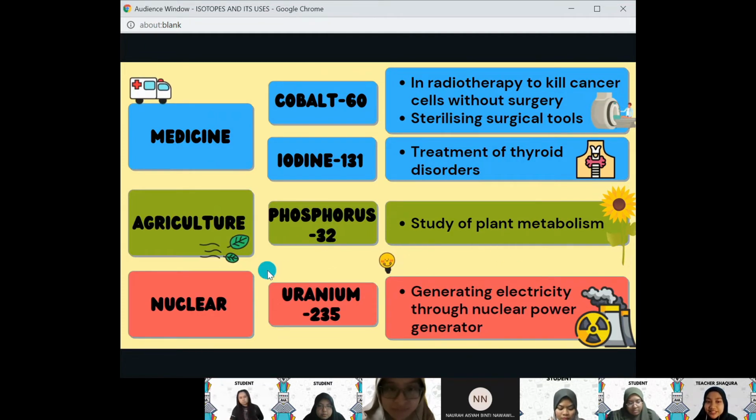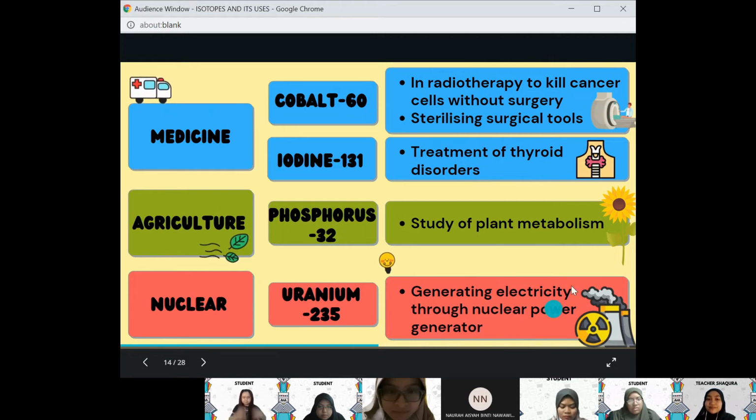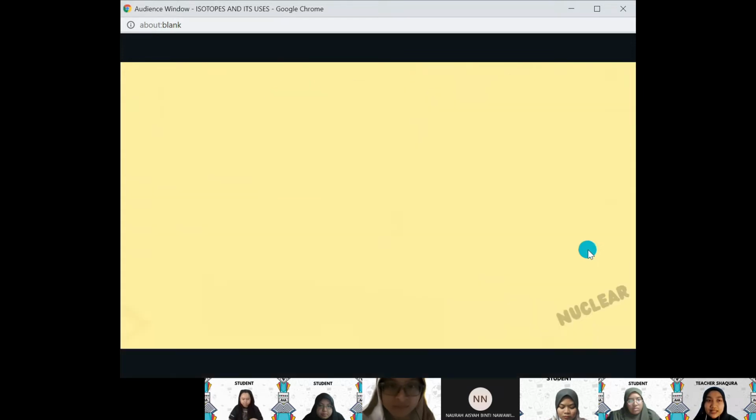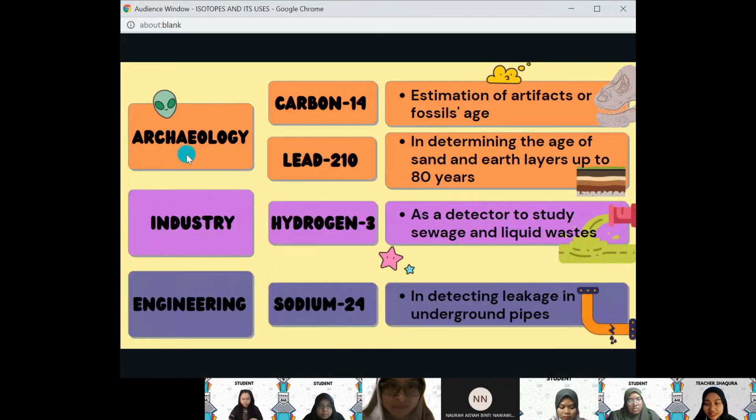In nuclear, uranium-235 is used to generate electricity through nuclear power generators. And not only that, in archaeology, carbon-14 is used for estimation of artifacts or fossil age.